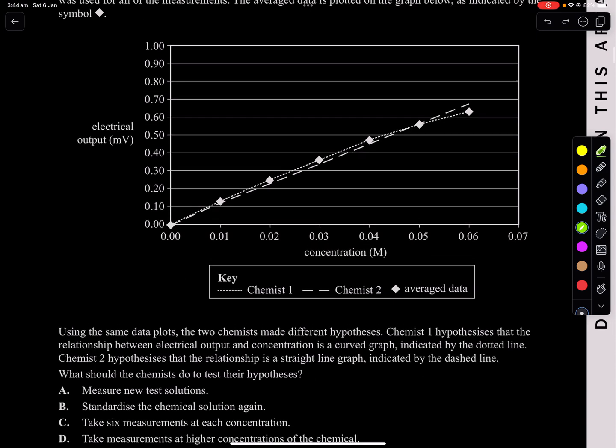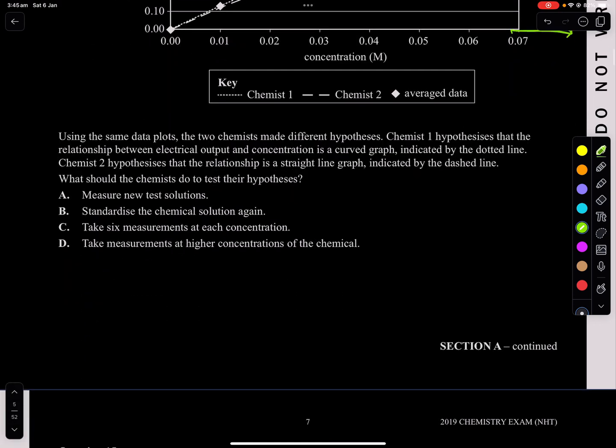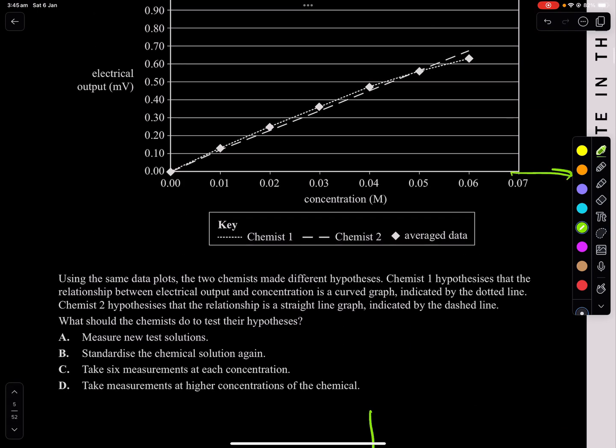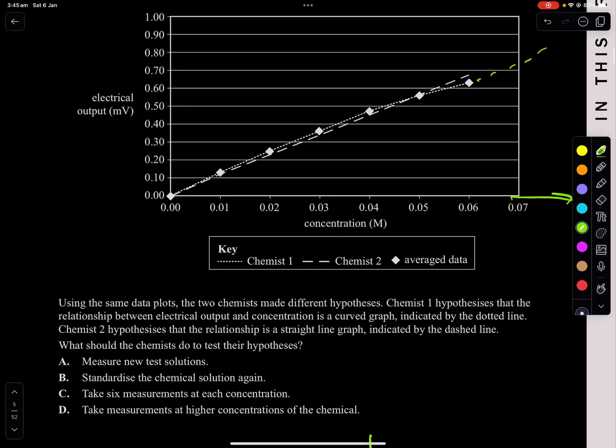Well, they want to check if it's a linear relationship or a curved relationship. The way you should do it in a real situation is to actually plot more points. For example, at higher concentrations. What that's going to do is really show you what's going to happen. It could be a curve, or in the long term, taking more points at higher concentrations, it could be a straight line.